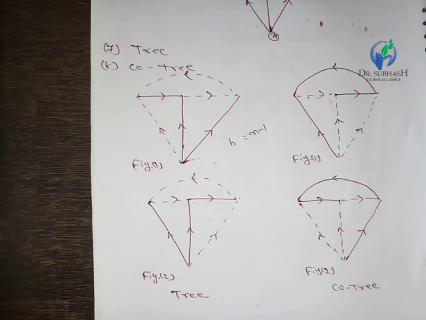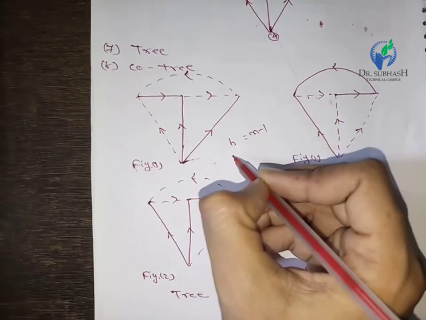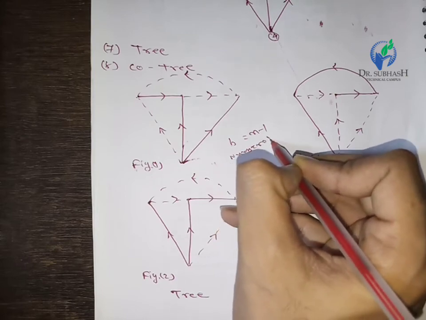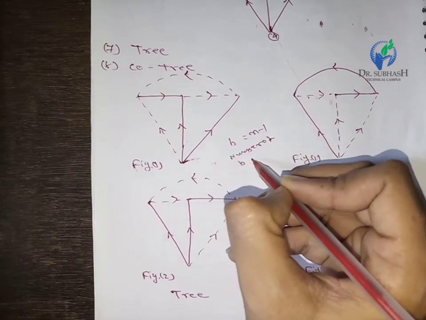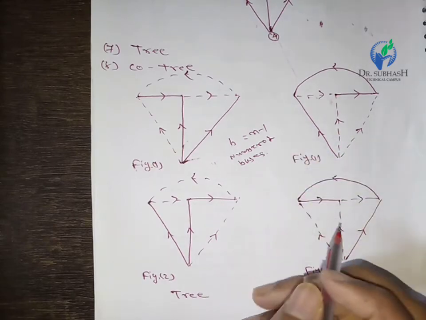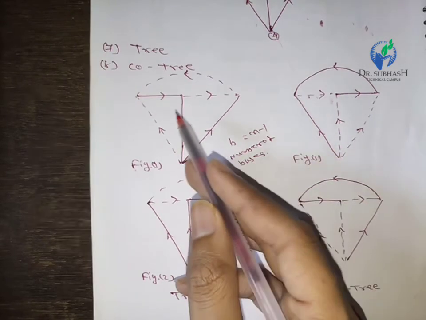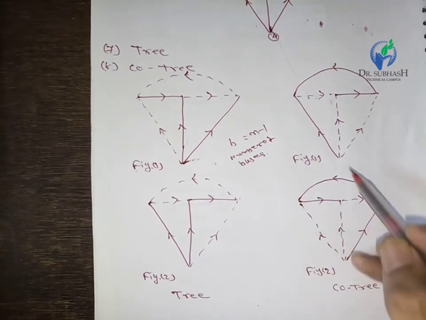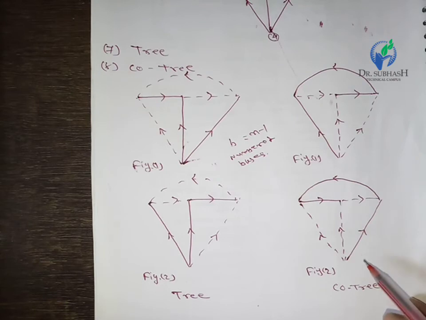So figure number 1 and figure number 2 represent the tree. This figure represents a co-tree.